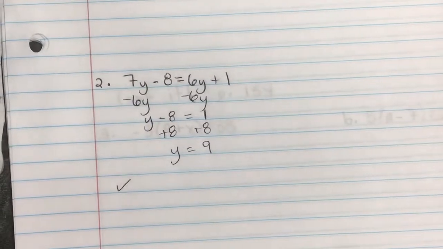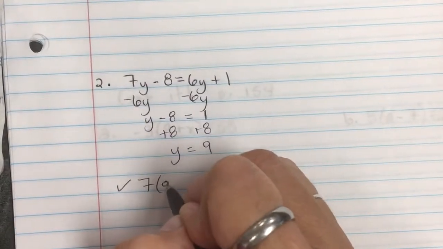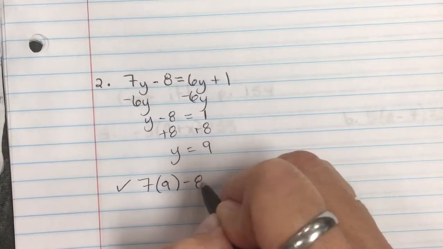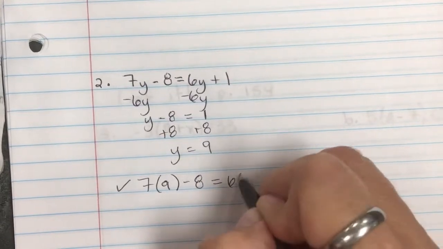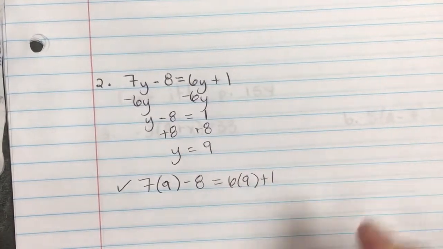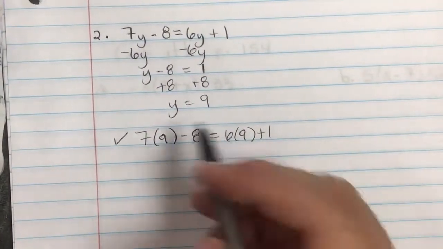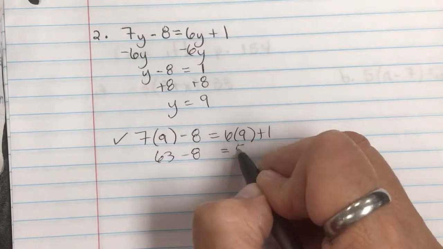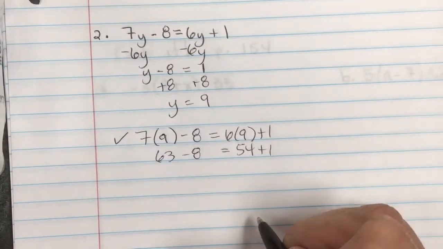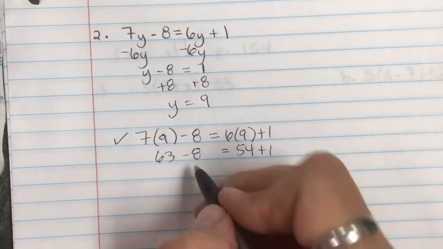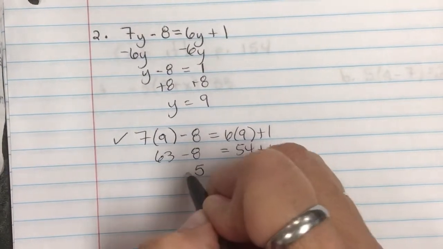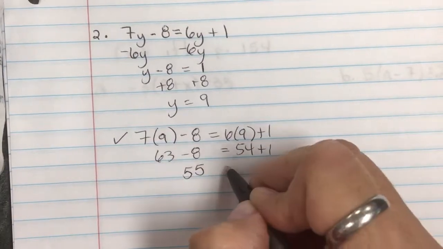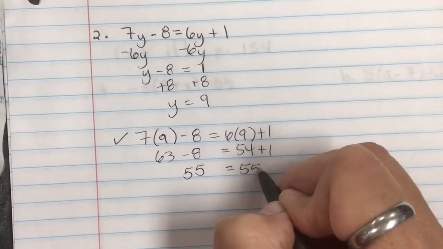Check my answer. 7 times 9 minus 8 equals 6 times 9 plus 1. 63 minus 8, 54 plus 1. 13 minus 8, 55 equals 55.